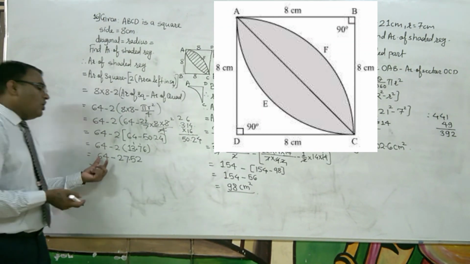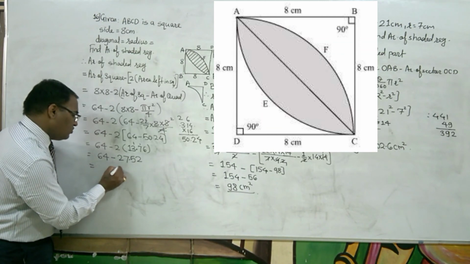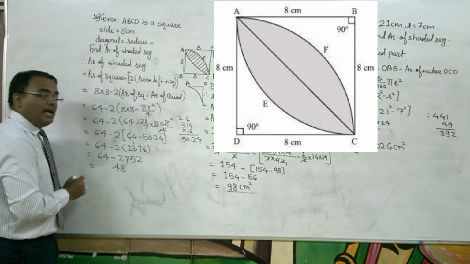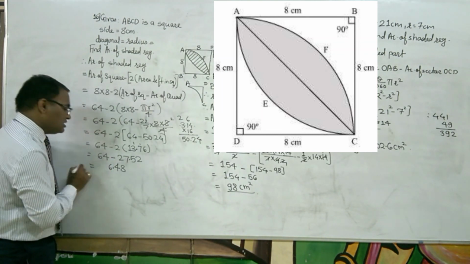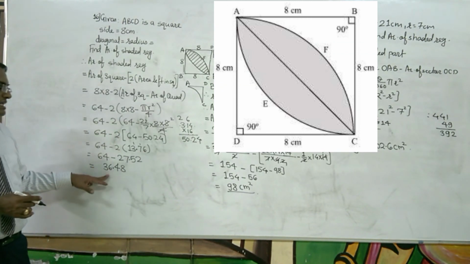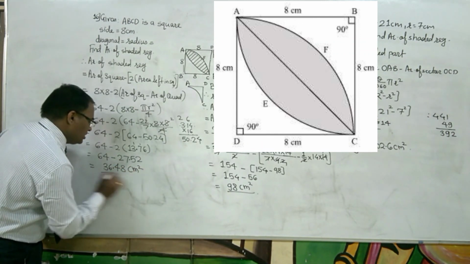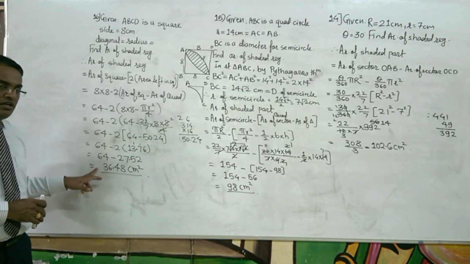Or 64.00, now 0 minus 2 will give you 8, 9 minus 4 will give you 4, and 3 minus 7, that is 6, 5 minus 2 is equal to 3. So it is 36.48 centimeter square. This is the area of the design, right?